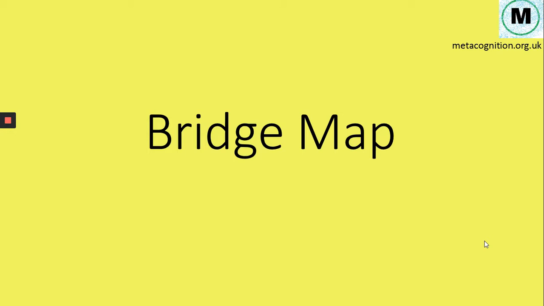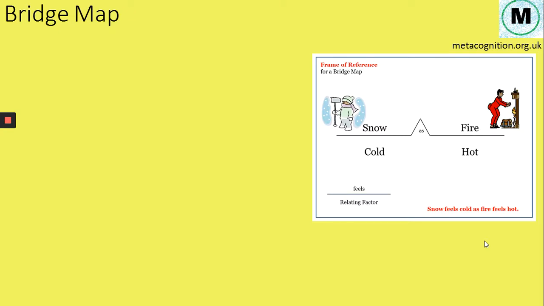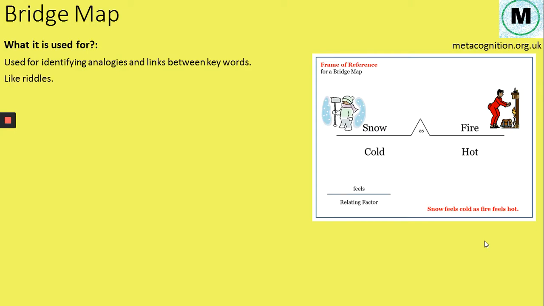So in this video you're going to learn what the Bridge Map Graphic Organizer is, why we use it, when you use it, and how to use it. First off, it's probably the most complicated, not to use, but to think about. It's very, very similar to trying to solve riddles. What you're trying to do is find what links keywords together.